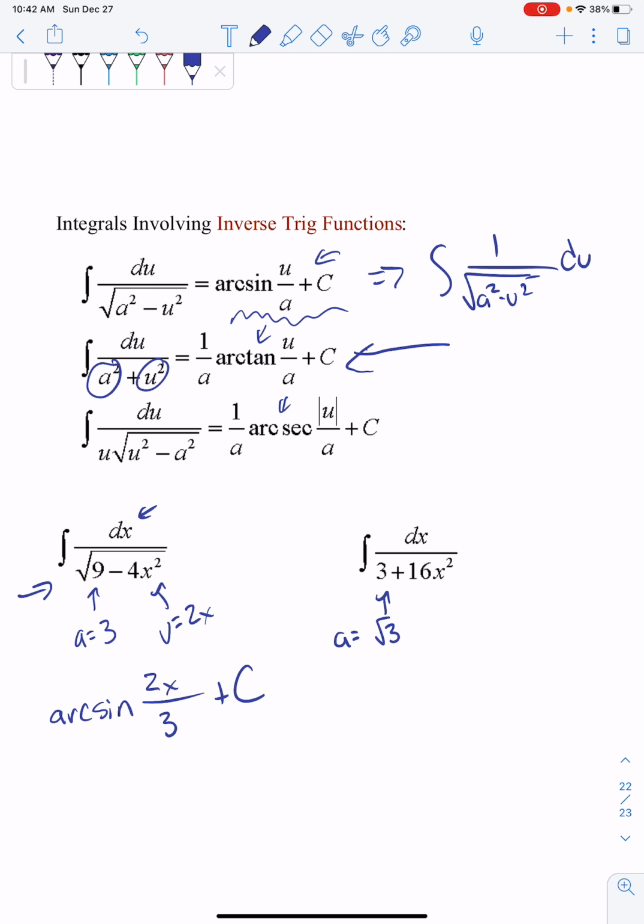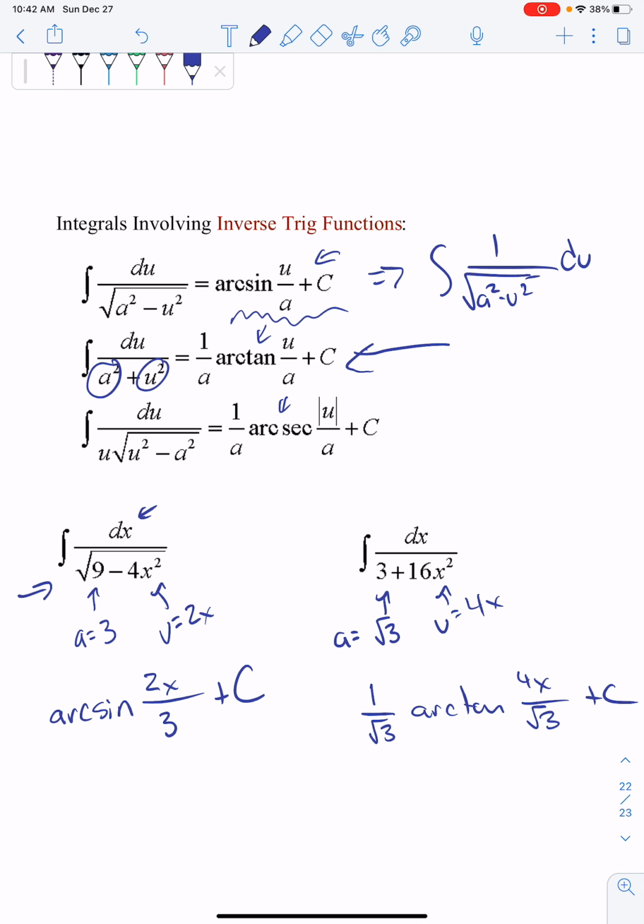And something squared is equal to 16x squared. So my u is going to be 4x. And then I get to plug it into that wonderful formula. So 1 over a is just root 3. Arc tangent. U goes on top, so 4x over root 3, plus c.